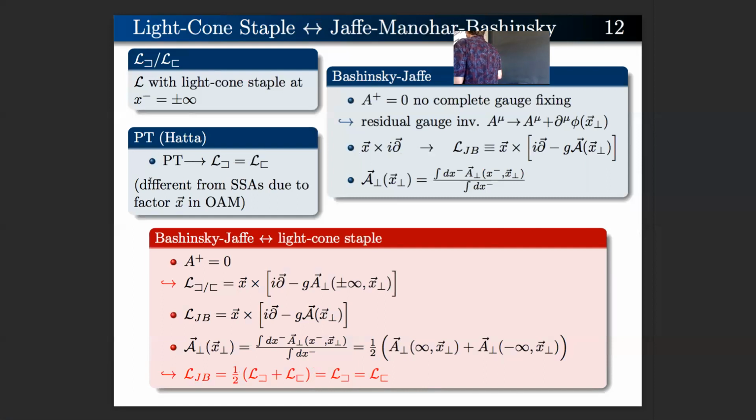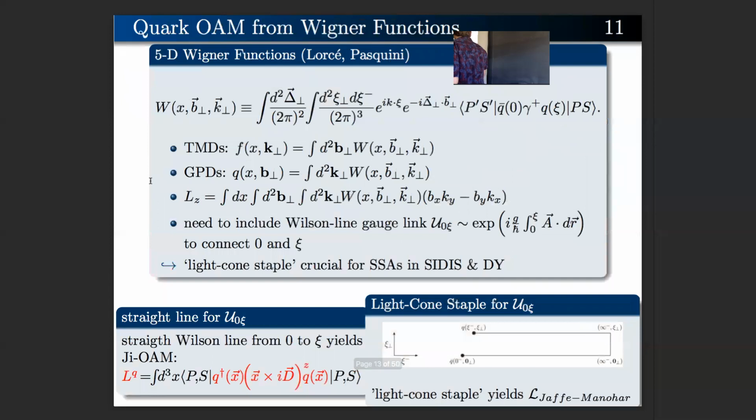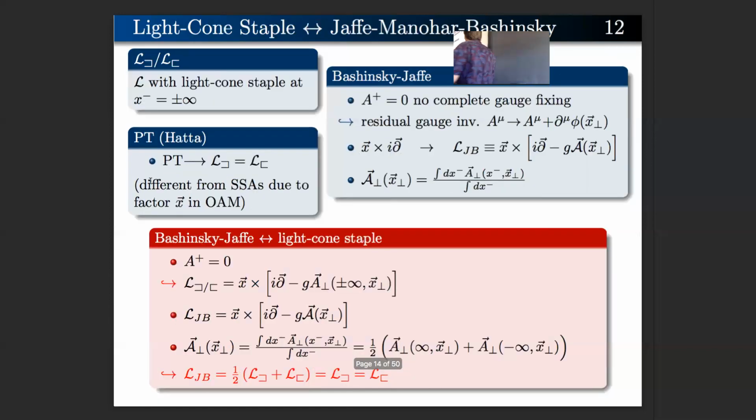And since it doesn't matter in the definition of orbital angular momentum whether you include this one or that one, you might as well take the average. And that's why the Jaffe-Manohar-Bashinsky definition of orbital angular momentum is equivalent to including a light front staple into the Wigner functions.